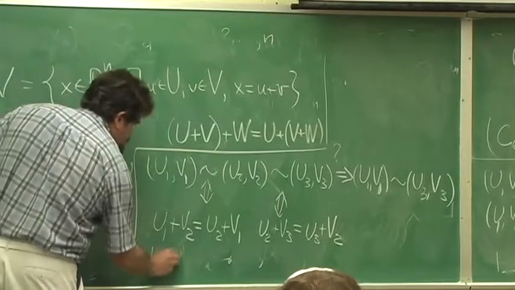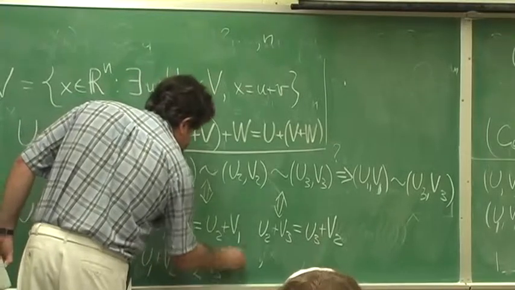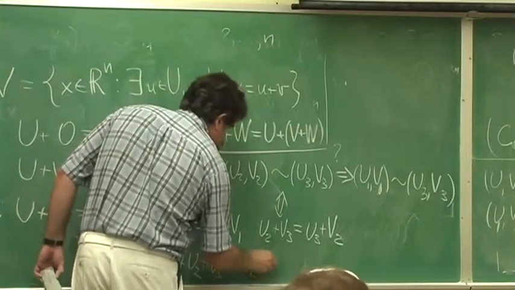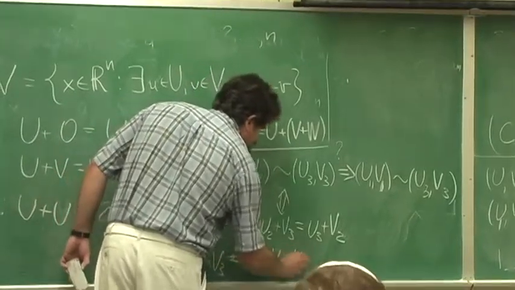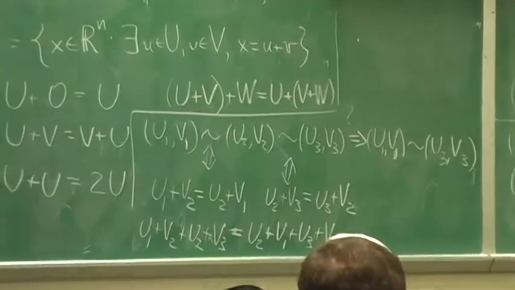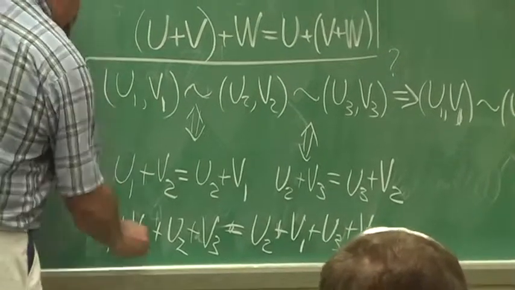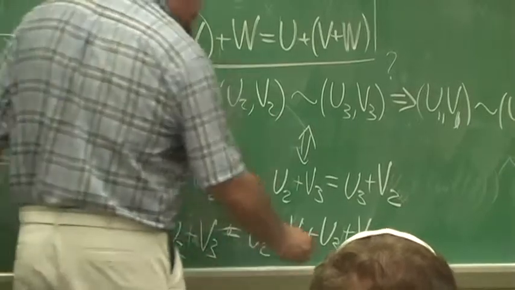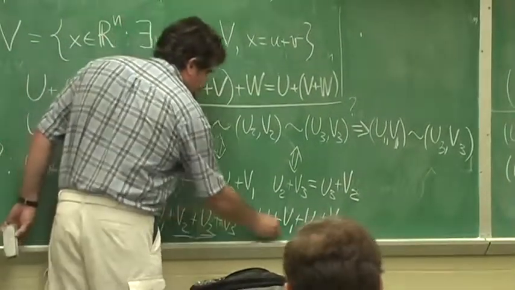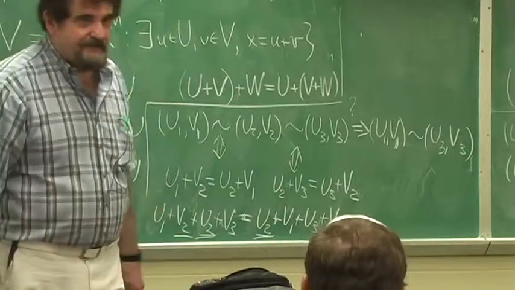U1 plus V2 plus U2 plus V3 is equal to U2 plus V1 plus U3 plus V2. What do I see? I see that V2 is present here and here, and U2 is present here and here. I'm tempted to cancel them.